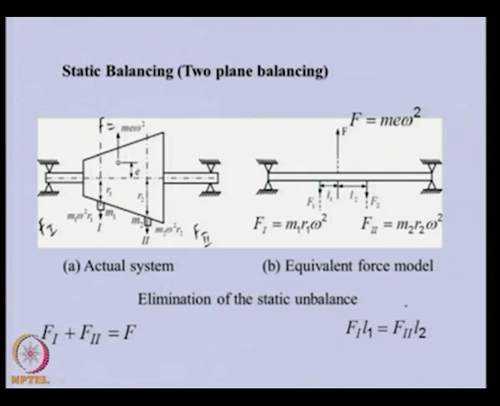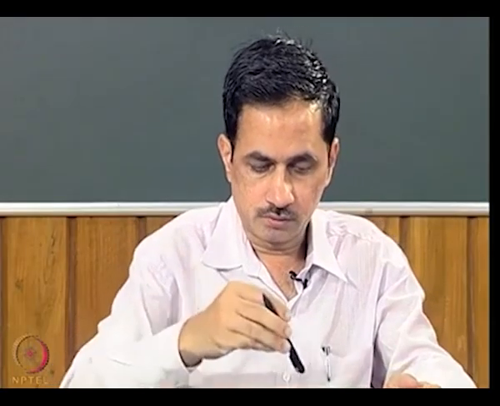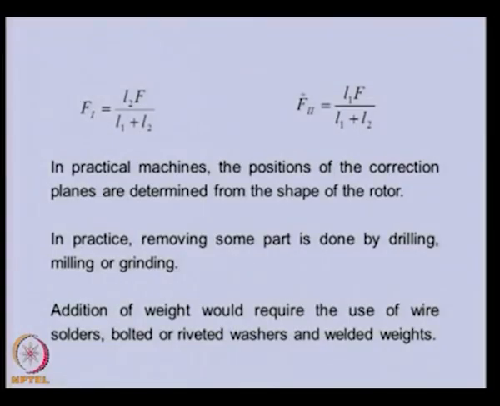If we satisfy the first and second conditions and obtain F1 and F2, then we can balance this static unbalance using two planes. From these two equations we can solve for F1 and F2, the correction mass required in planes 1 and 2.